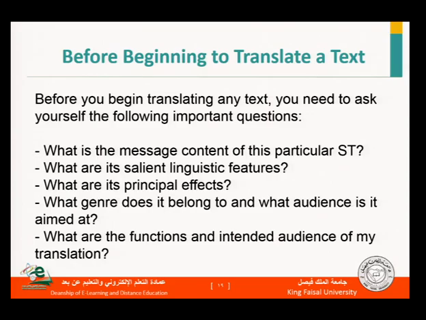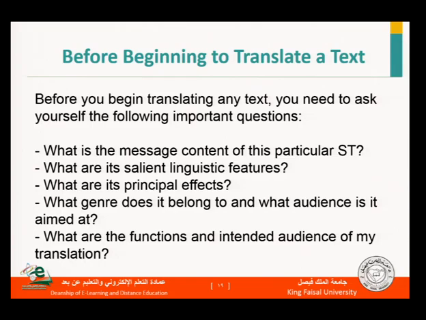It's important because you have to take care of that when you translate. So you have to take care of the linguistic features of the source language and the linguistic features of the target language. What are its principal effects?